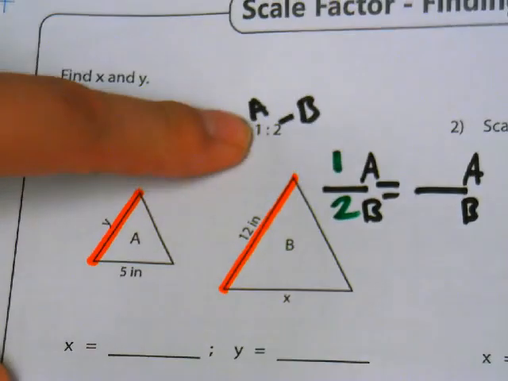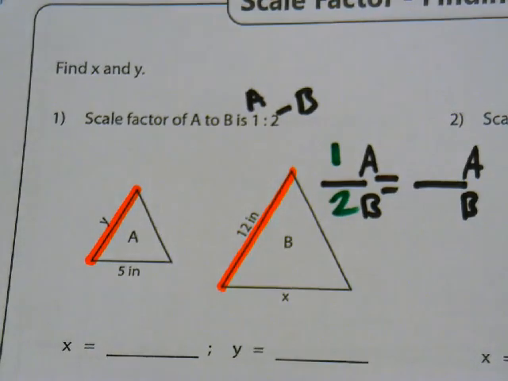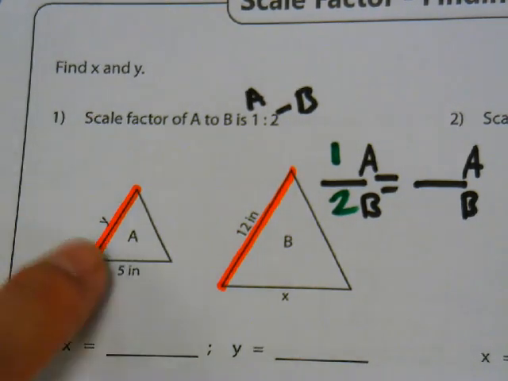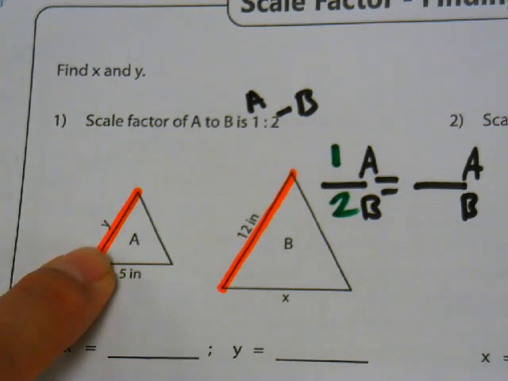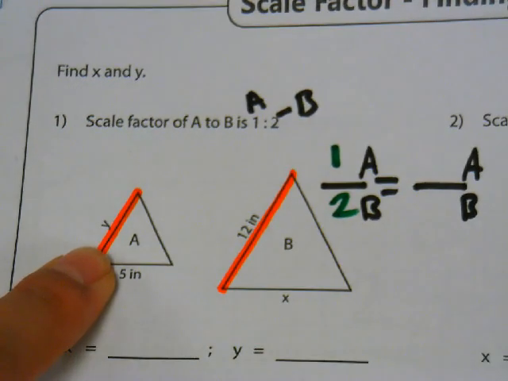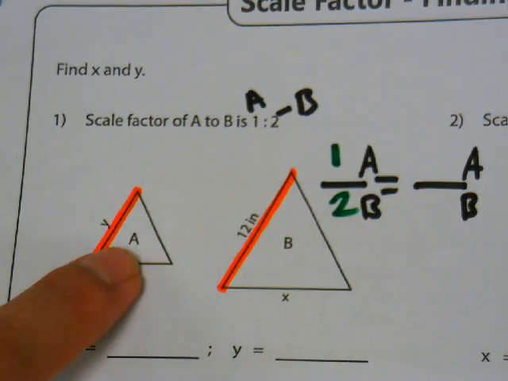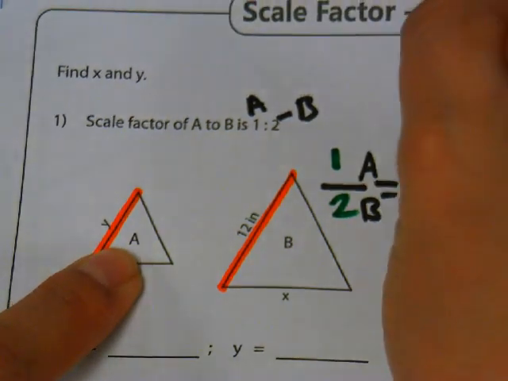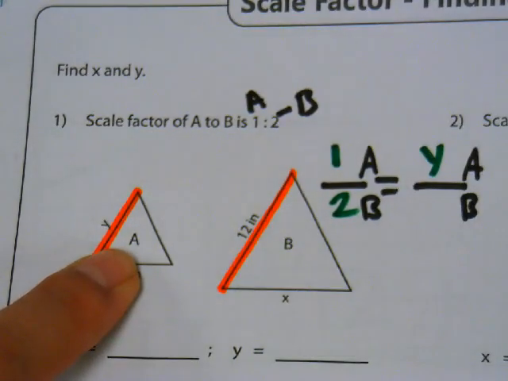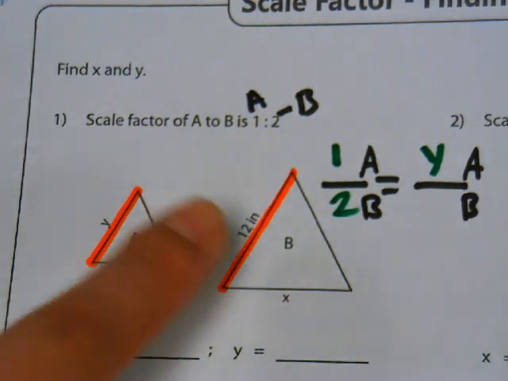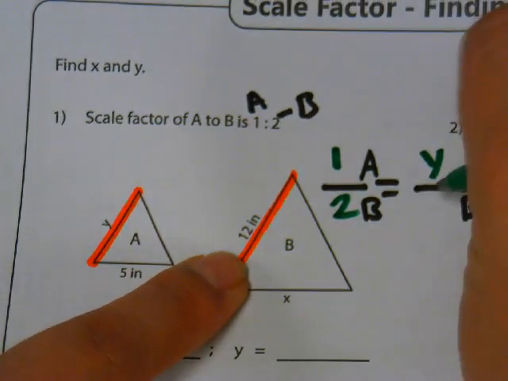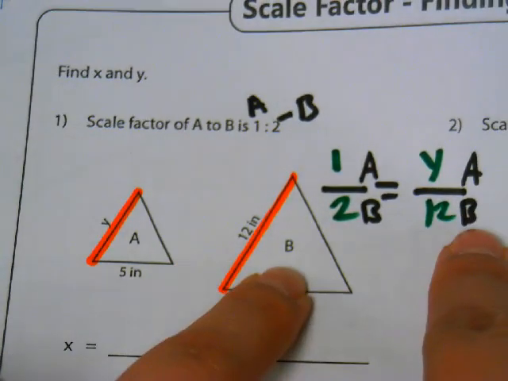I got that from the given information. Now, the Y. Does that go on the top or the bottom? Where is the Y coming from? The A, right? So we're going to put it on the top. What does the Y correspond to? It corresponds to 12, and that goes on the bottom because it's from the B, right?